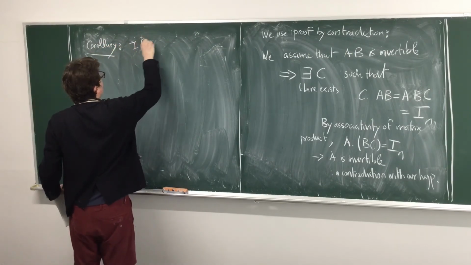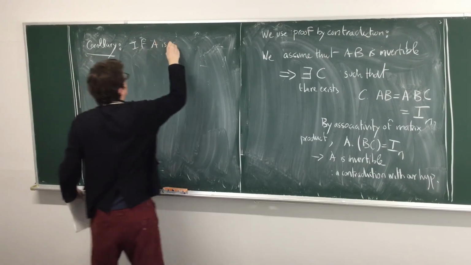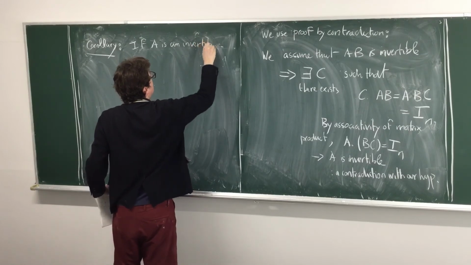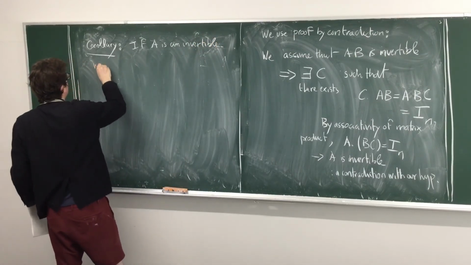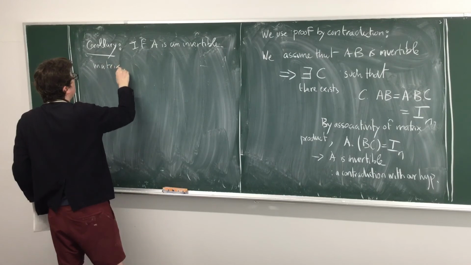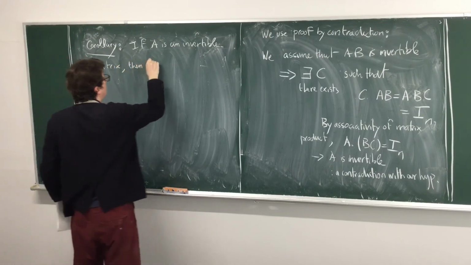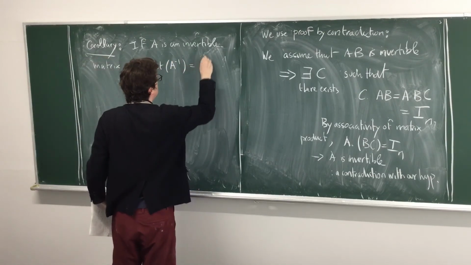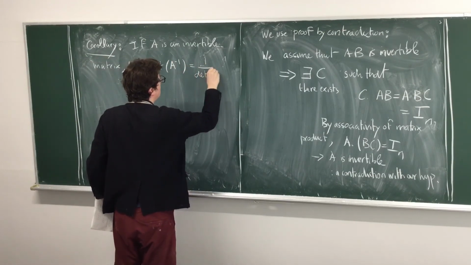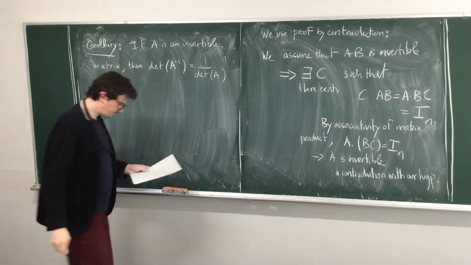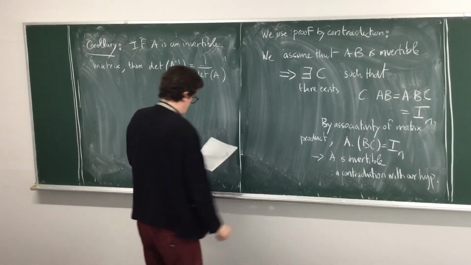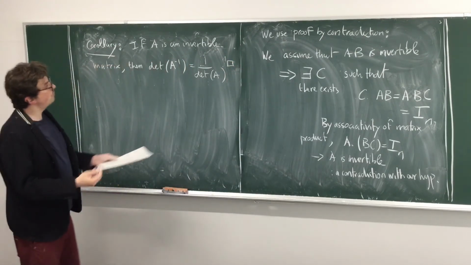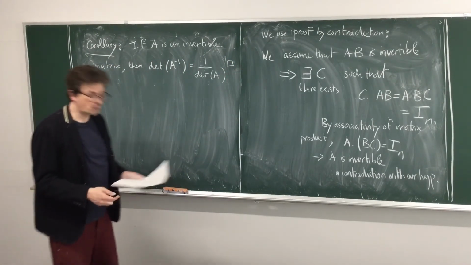If A is an invertible matrix, then the determinant of A minus 1 is equal to 1 over the determinant of A. And the proof is, of course, an immediate consequence of the previous theorem.